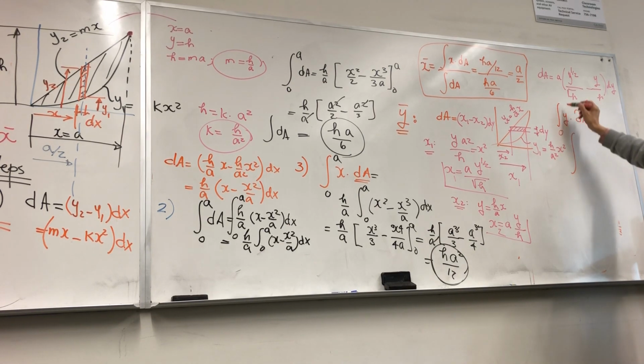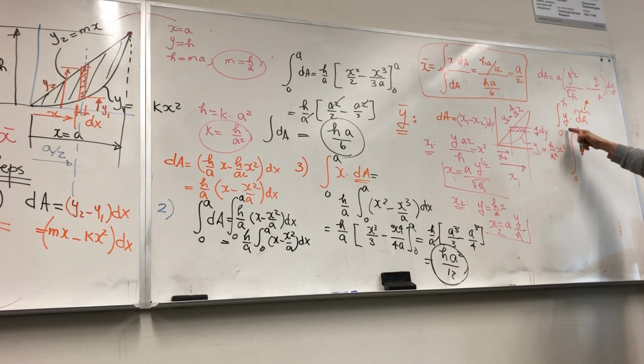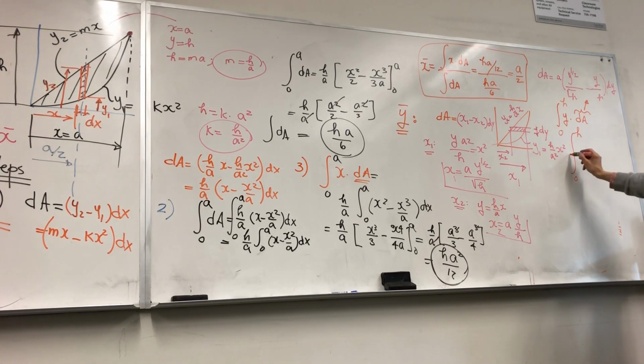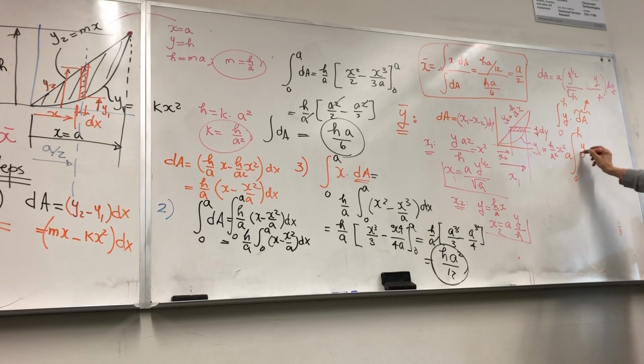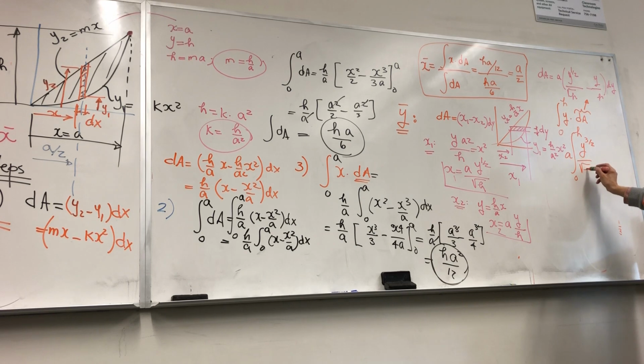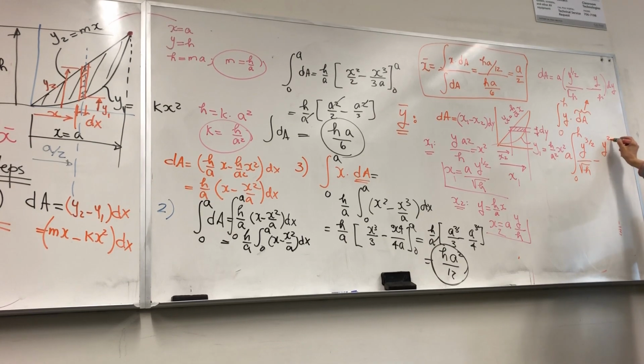So that's the bound of the integral. So I have 0 to h of y times this. I take a out, and y times that gives y to the 3/2 divided by the square root of h, minus y times that, which is y squared divided by h, times dy.